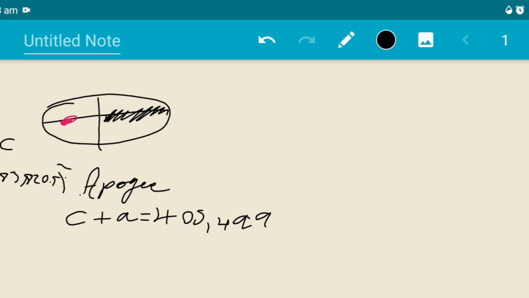Because the distance from here to there is the same distance as from here to there. So if the mean distance is 5, for example, meaning from here to here, if this is 5, then this would also be 5.